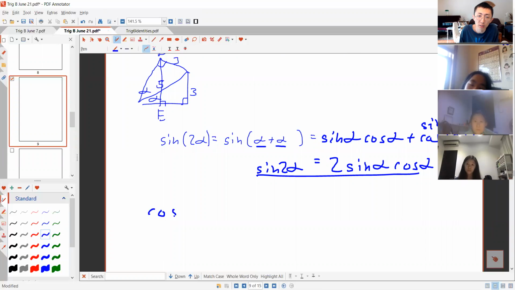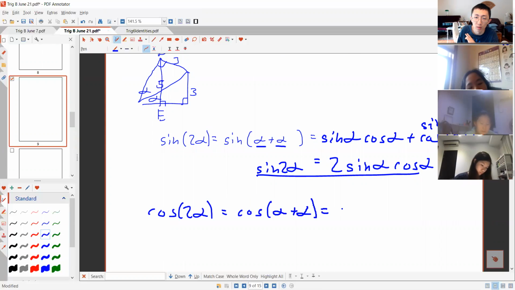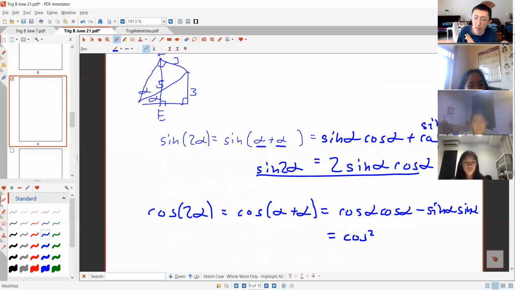What about cosine 2 alpha? What if we tried the same thing? We have cosine of the first, cosine of the second, minus sine of the first, sine of the second. So this is cos squared alpha minus sine squared alpha.